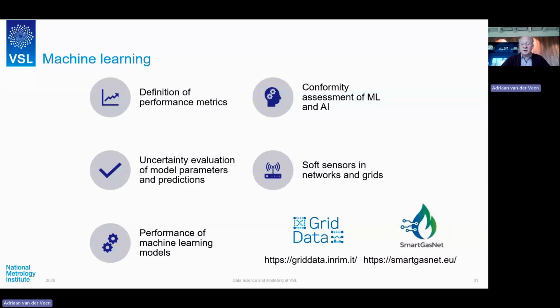And we are definitely not the party that is the biggest on this planet in developing applications. We are much more concerned and focused on defining proper performance metrics, to look at the uncertainty evaluation of the model parameters and the predictions coming from machine learning and other AI applications, the performance of machine learning models, conformity assessment, which involves machine learning and AI, and also the soft sensors that I already showed for the sensor network.